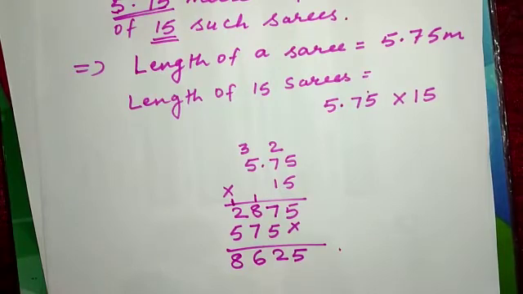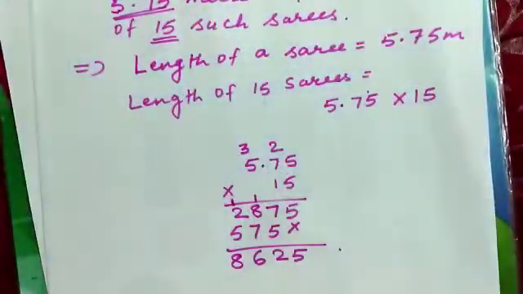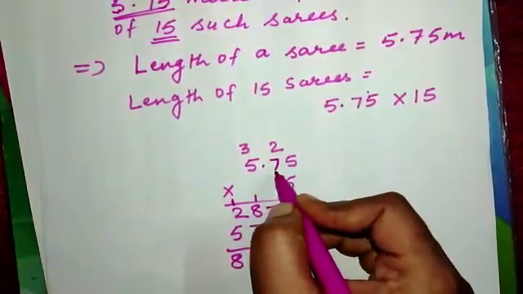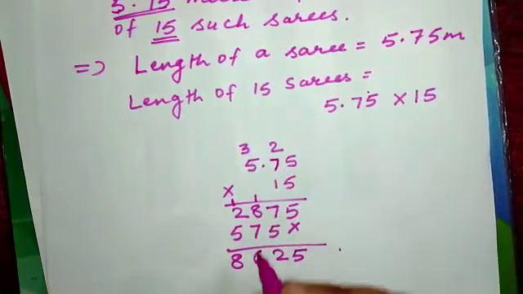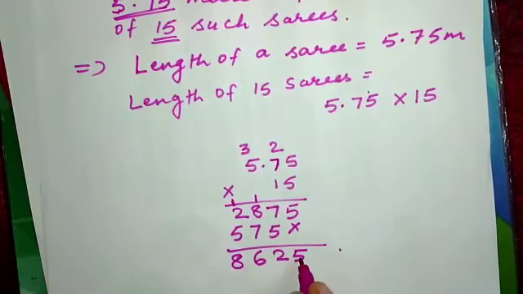Now again, where to put the decimal? We will see in the question. Here we are getting 2 places of decimal, and in this no decimal, so we will take this one. So before 2 numbers we will put the decimal here.